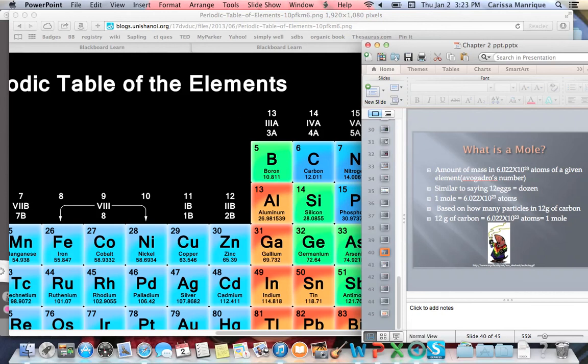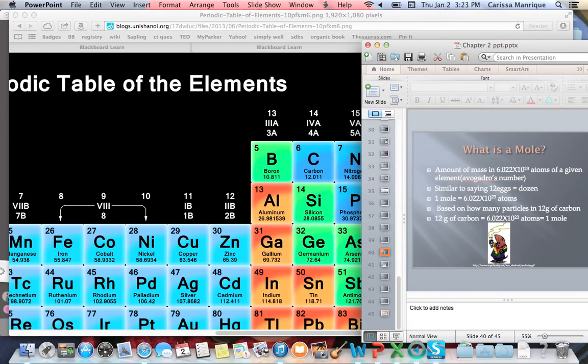Okay? And this number here, Avogadro's number, is based on how many particles are in 12 grams of carbon. So the scientists back in the day, they got 12 grams of carbon, just like regular black carbon that you think of, weighed 12 grams of it, and were able to calculate how many atoms were in that.